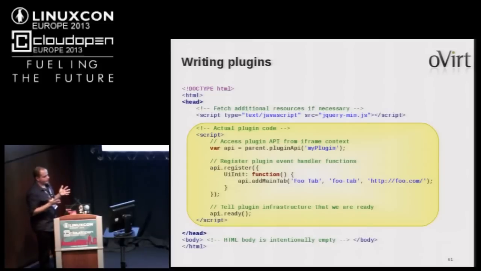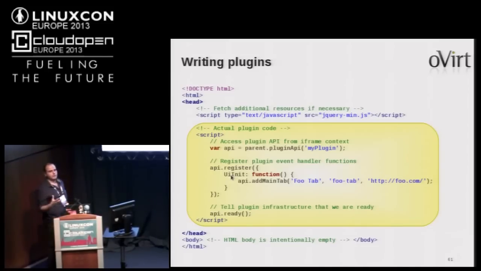Looking at the most basic plugin you could use, it's just an HTML file with a JavaScript section. The first part accesses the API, telling it I would like the plugin API, my name is my plugin. And then I'm registering event handler functions. In this case, I register the UI init event.